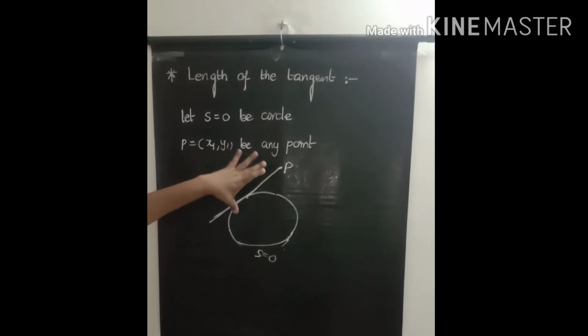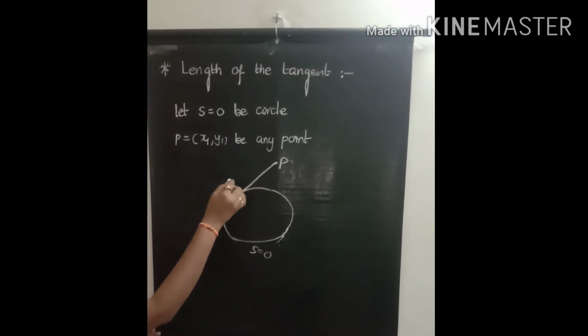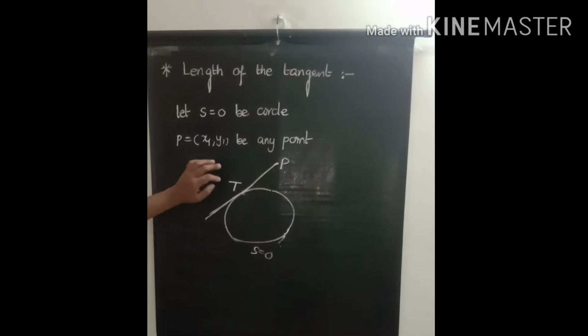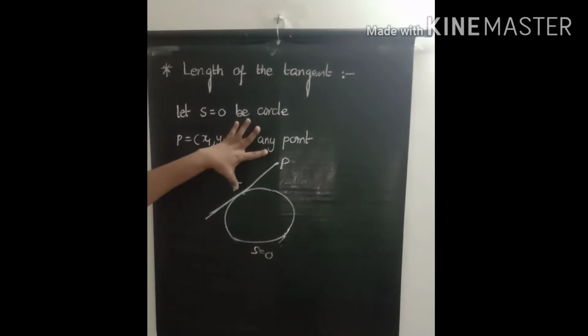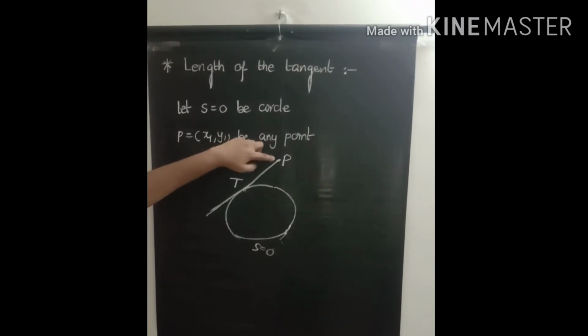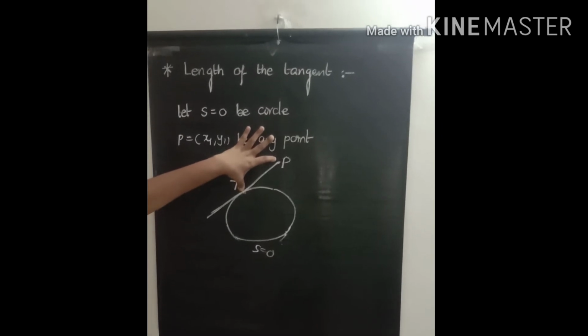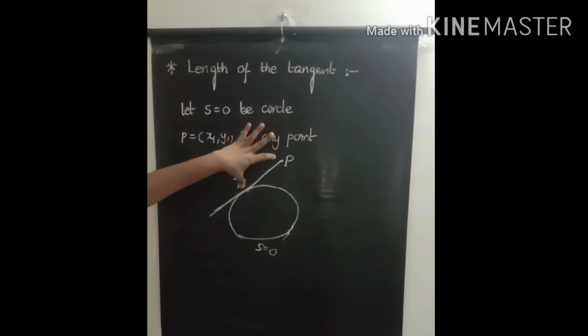This point is called the point of contact and it is denoted by T here. So PT is the tangent. Now length of the tangent means the distance between the point of contact and the point P is called the length of the tangent. So here PT is the length of the tangent.